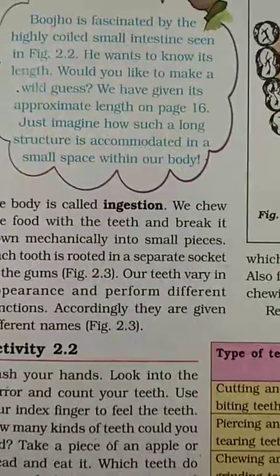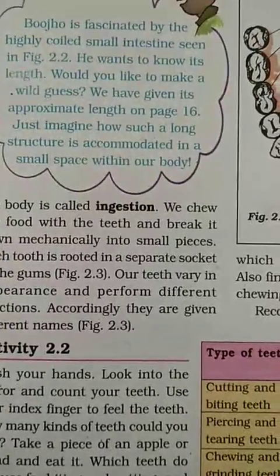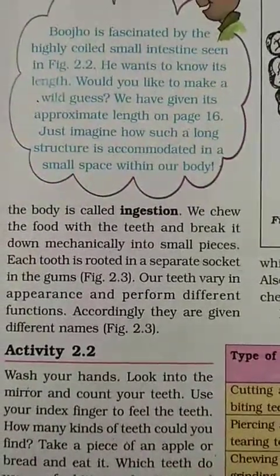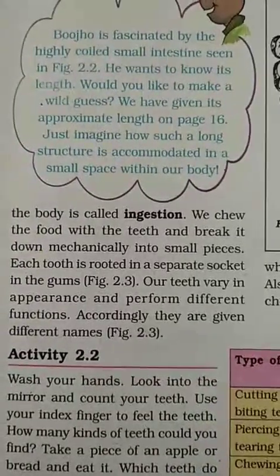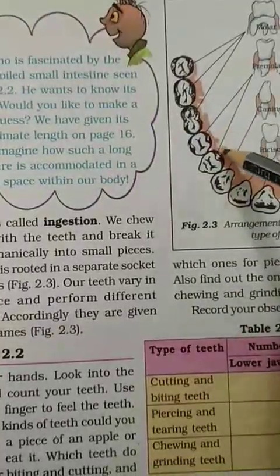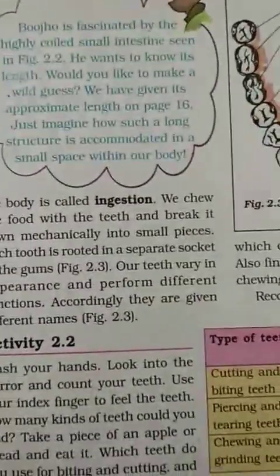Each tooth is rooted in a separate socket in the gums. You can see the skinny part outside the teeth, and that is known as the gum.